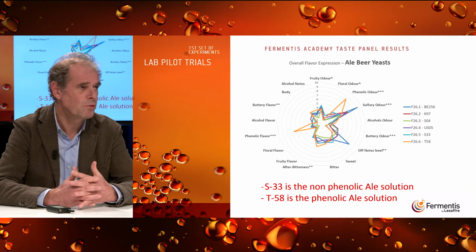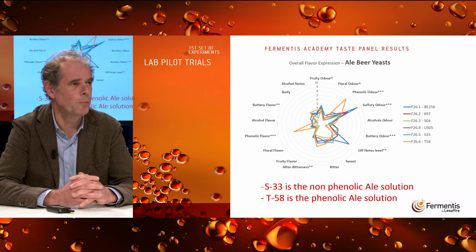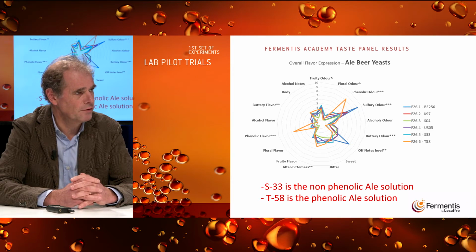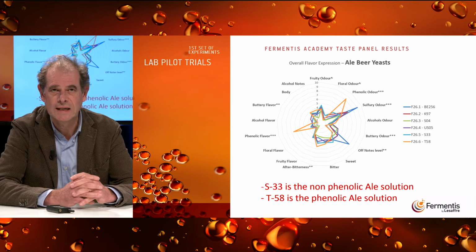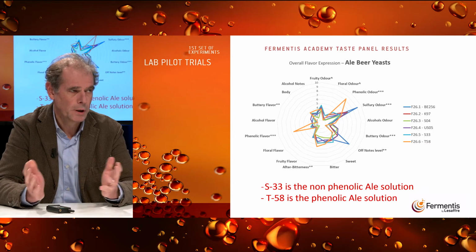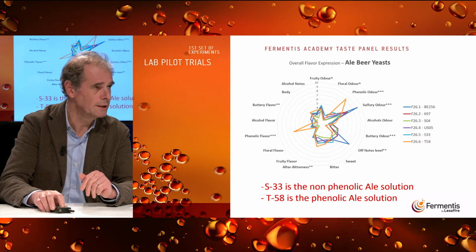There is one presenting a little bit of off notes, but it's just one experience, and it is the BE256. But one other interesting yeast strain is the SAF ale S33, which produces a little bit more fruitiness than the others. So if we have a recommendation, in the ale it would be those two yeast strains.